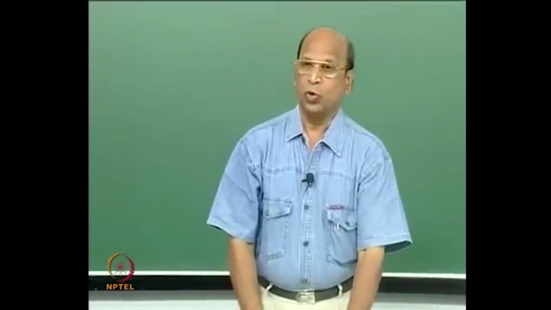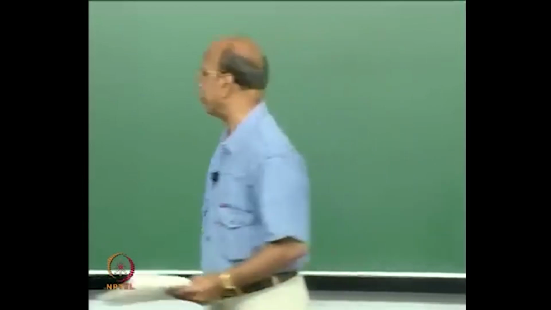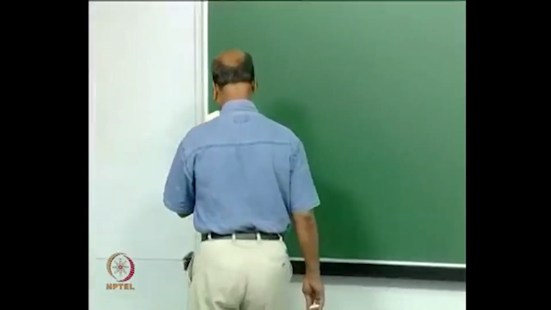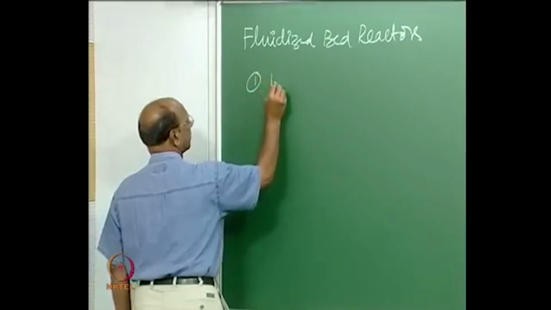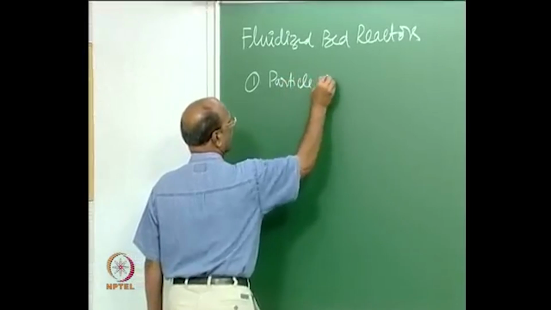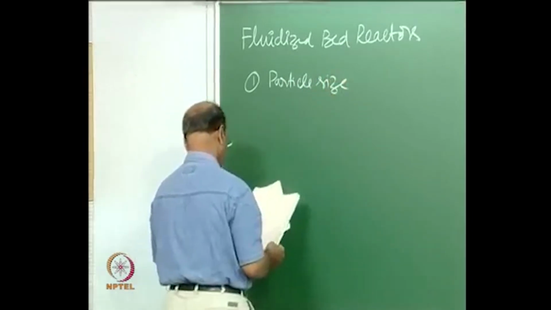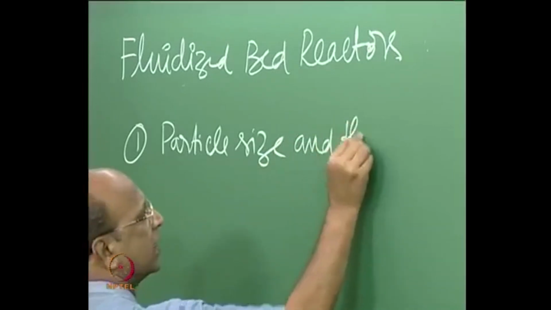Yeah. Now to design fluidized bed reactors, what are the parameters we should know? That is what we are going to list here. Number one is particle size and fluidization characteristics.